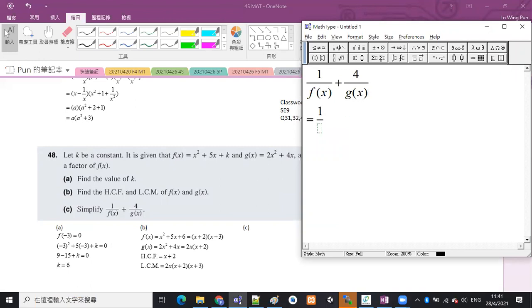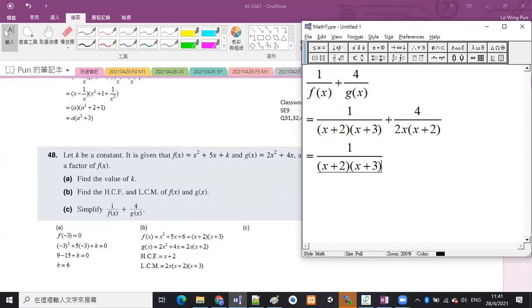1 over fx becomes 1 over x plus 2 times x plus 3, plus 4 over gx becomes 4 over 2x times x plus 2. Let us just simplify the gx first because there is a common factor of 2 to be cancelled. So just clear the common factor first.